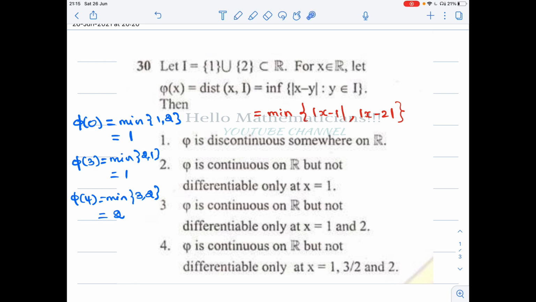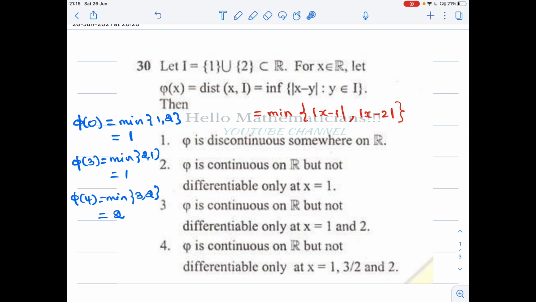Similarly, you calculate the distance between x and 2, that is mod x minus 2. If it is an infinite set, you calculate the infimum. It is anyway a finite set containing only two elements, so very well you can just find the minimum. So basically phi of x is nothing but the minimum of the distance between x and 1 and the distance between x and 2. That's how the function phi of x is defined.